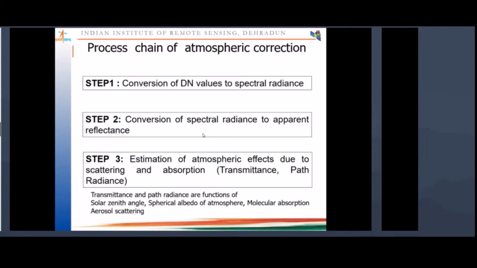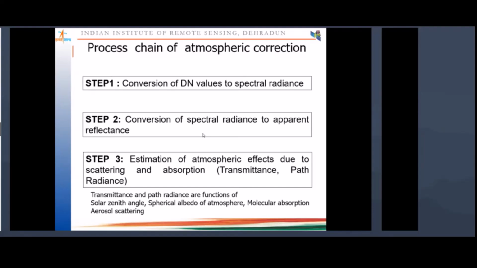Now, this diminished signal, this redirected signal, reaches the target. The target reflects some part of it. Now, this part which is reflected again has to travel through the atmosphere. Then the atmosphere again will absorb some part of it and scatter some portion of it, and again this altered signal reaches the sensor. This is the direct beam of light which is going to the sensor, which was partly scattered and partly absorbed, both while incoming as well as while outgoing.